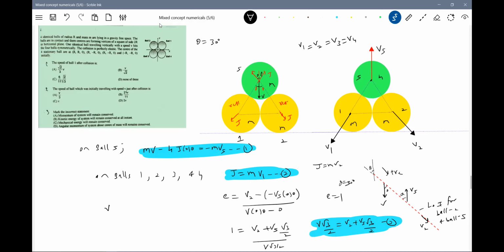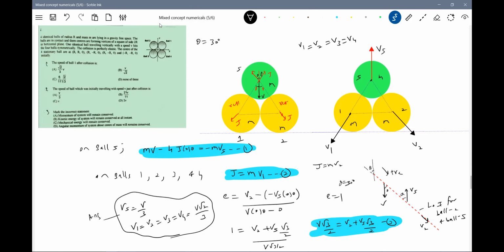I'll write down, V5 is V by 3. V1, V2, V3, V4 is equal to V root 2 by 3. Check once. Sir, in the equation of e, in the denominator, why did you take V cos theta?